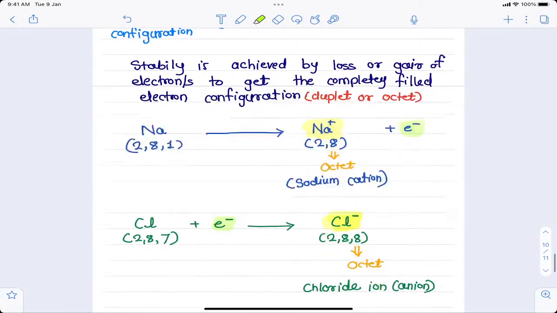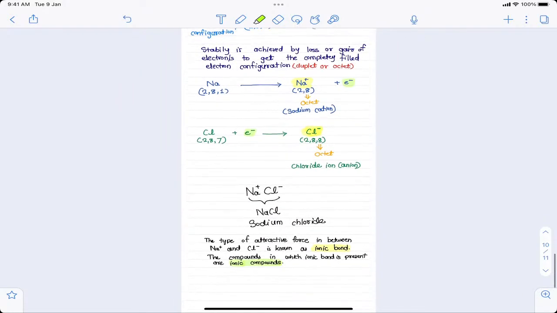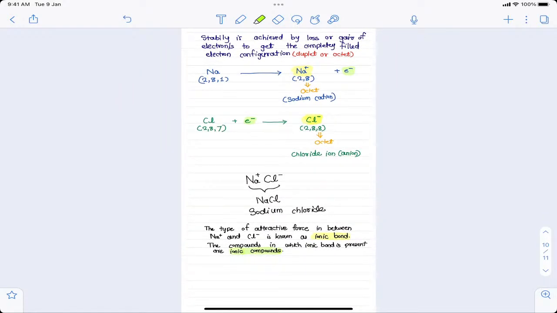Now take a screenshot of this part, formation of this NaCl.